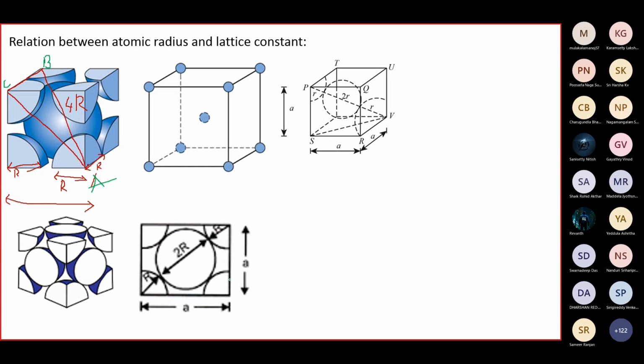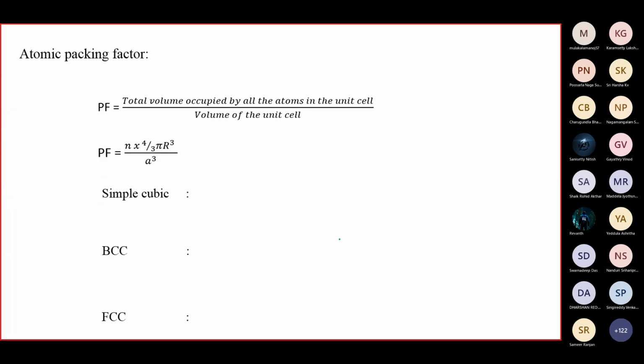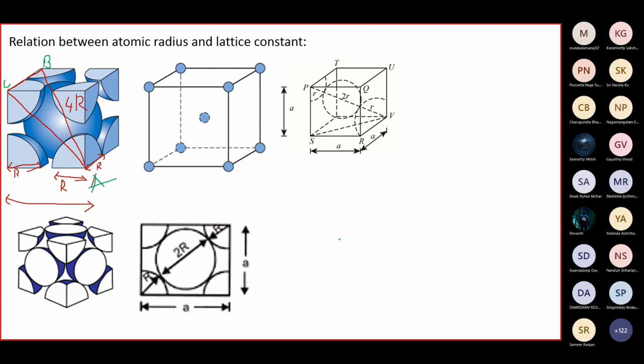So here, the face diagonal is R plus 2R plus R, which is 4R. This is A, this is A. So 4R whole square equals 2A square, right? What do you get? A is equal to 4R by root 2, which is 2 root 2 R. So for FCC, A is equal to 4R by root 2.